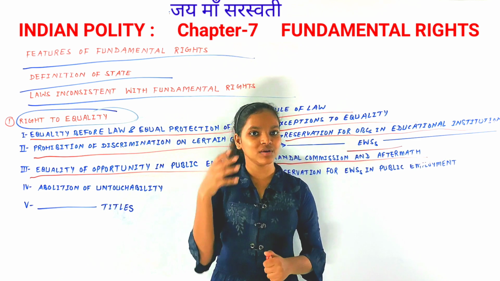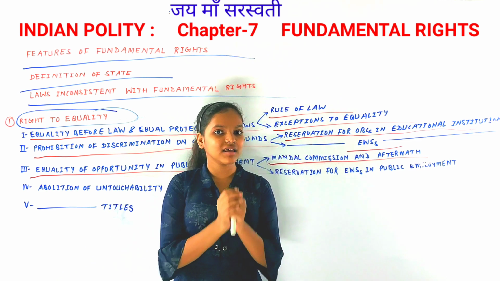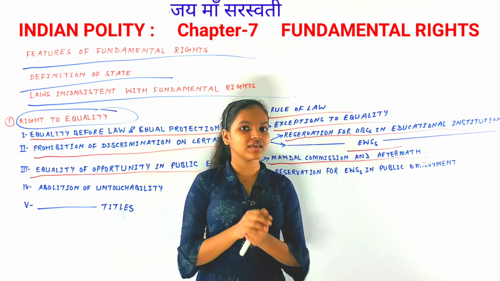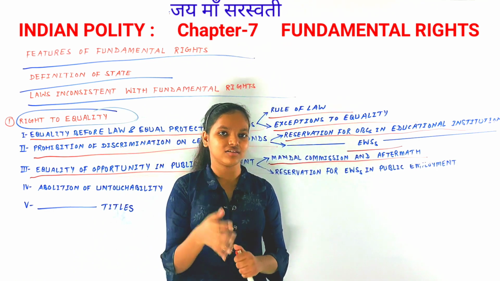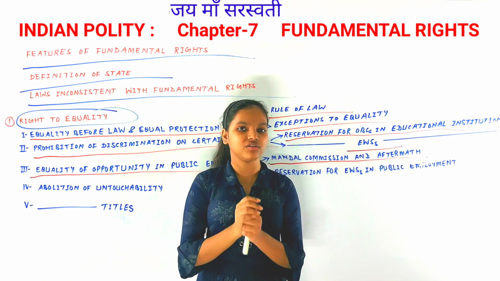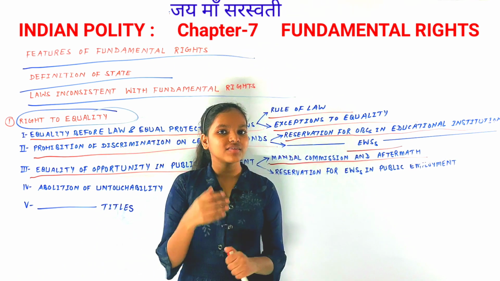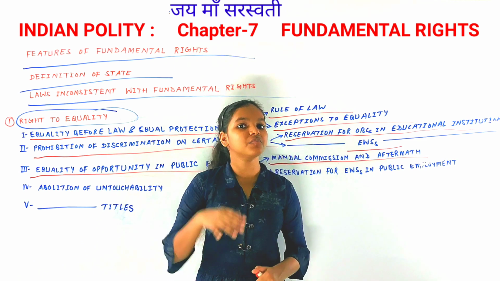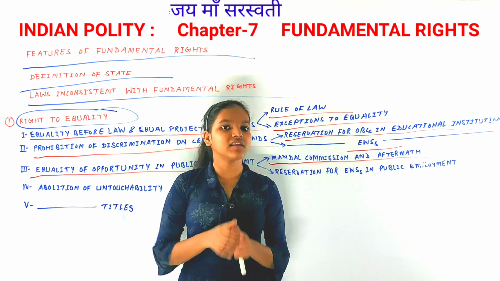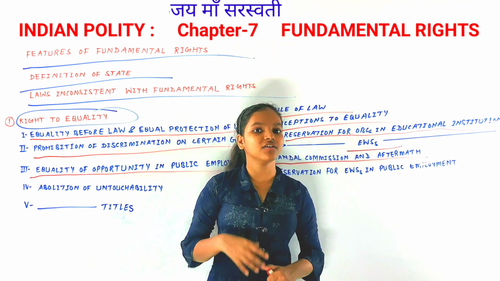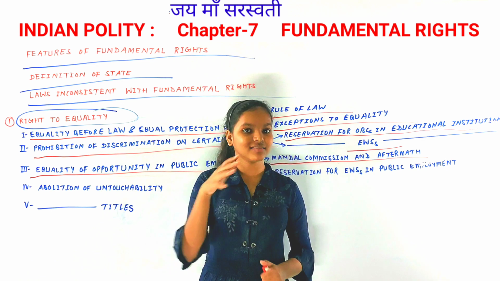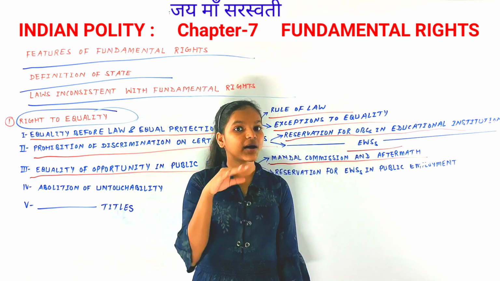It submitted its report in 1980, and the commission held that there were more than 3,400 castes of backward classes other than scheduled tribes and scheduled castes, and that a provision of 27% reservation in public employment should be made, so that the total would be 50%, because there is a rule that all reservations in any particular office should not exceed 50%, as held by the Supreme Court.